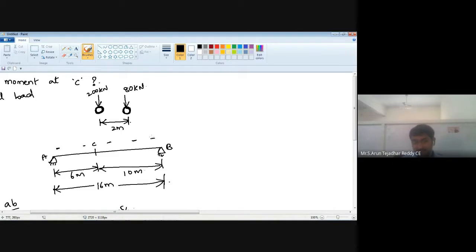Because in this question, he did not ask anything. Whether it may be nearer to point C, or nearer to point B. So while calculating the moment, he won't give it.